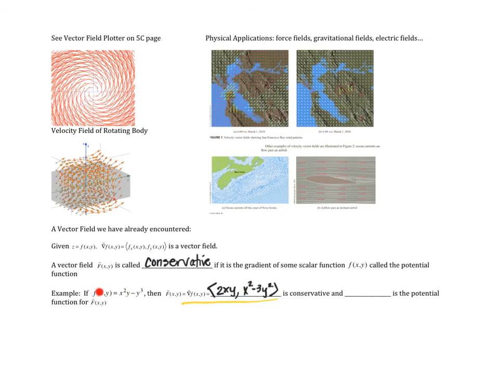The function that it came from is called the potential function. It's almost like, here's a function, differentiate it, this is the antiderivative. Here's a function, take the gradient, this is conservative, and this is the potential function that it came from. So in this example, this vector field would be conservative because I just took a gradient, and the potential function is f of x and y.